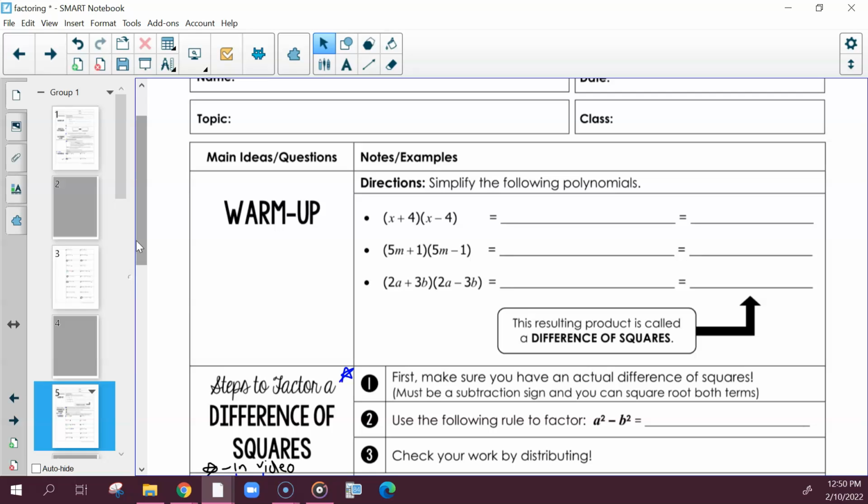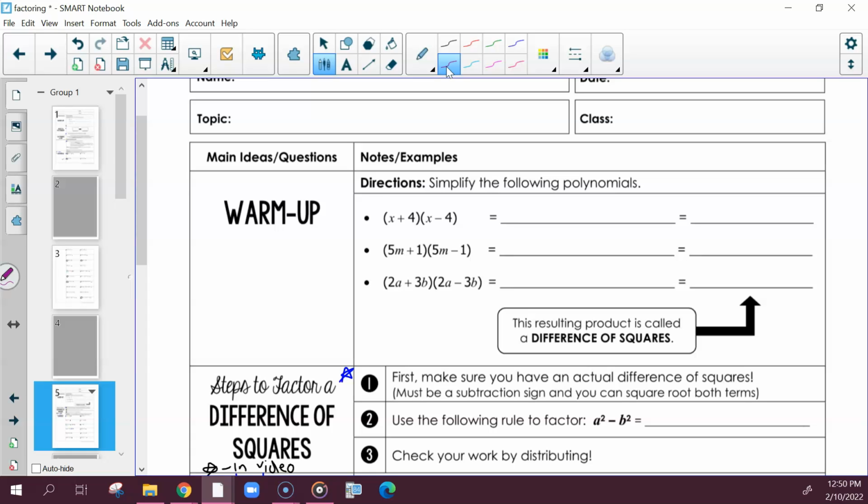Okay. So before we get into the actual factoring piece, we're going to do these warm-up problems to show you what format these are going to look like. So if we had this, we would take this and distribute it, but we're going to do that twice. So I'm going to show you what that looks like.